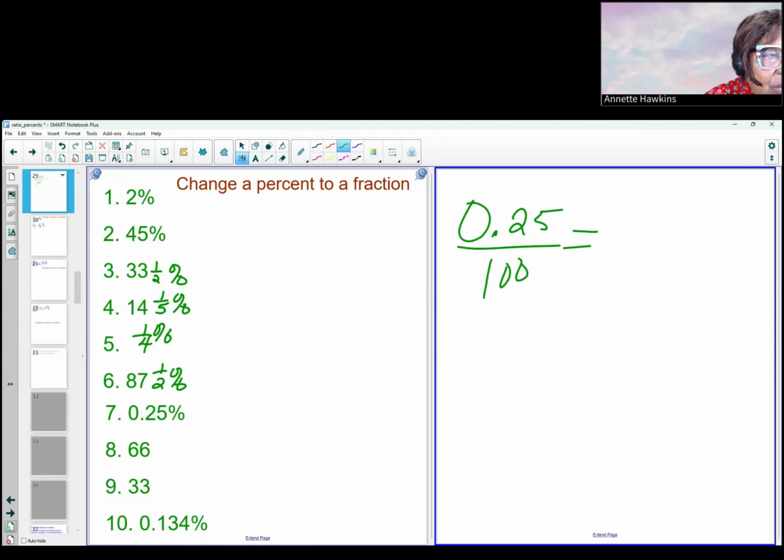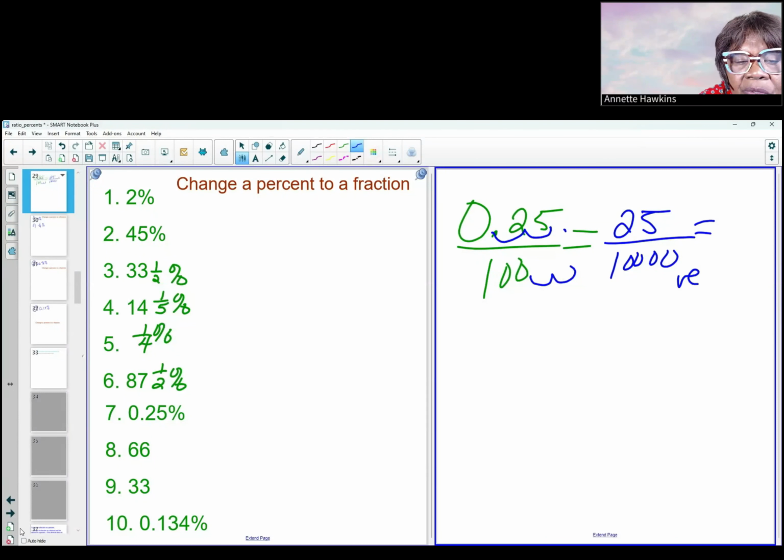What I can do is move the decimal 2 places to make that a whole number. But if I move it 2 places up here, I need to move it 2 places down here. And then I need to reduce this.